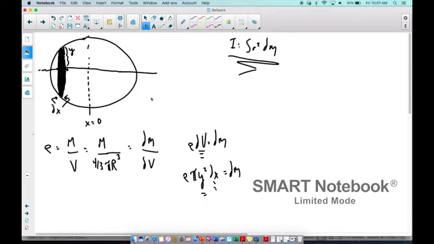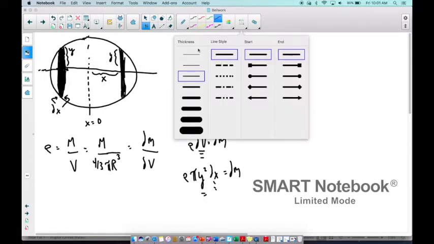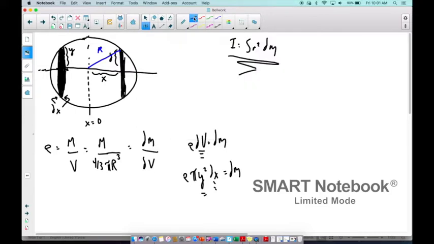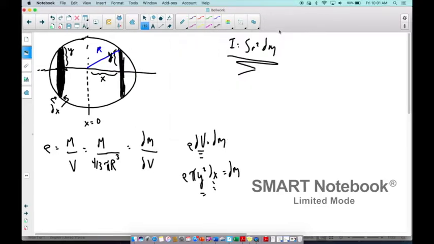That's not going to be too complicated. Let me draw another disk right over here to show you how we can do this. Let's say that it has radius y, and let's say that this is some x value going across here to get to the disk. Well, I know that this is a right triangle whose hypotenuse is R. I kind of wrote over that, so let me fix that real quick.